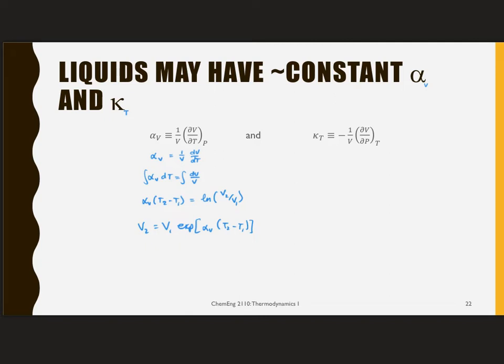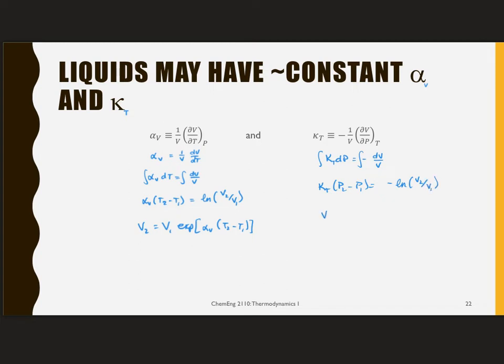Now let's do the same thing for kappa. Kappa times dP is equal to negative dV over V. If I integrate from state 1 to state 2, kappa times (P2 minus P1) is equal to the negative natural log of V2 over V1.